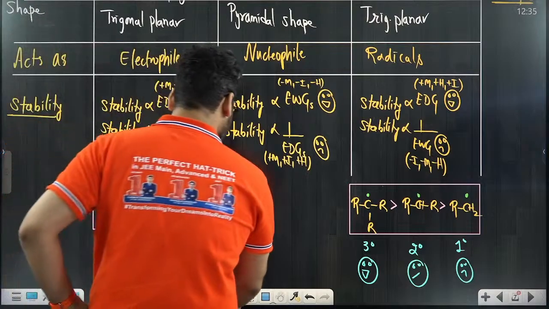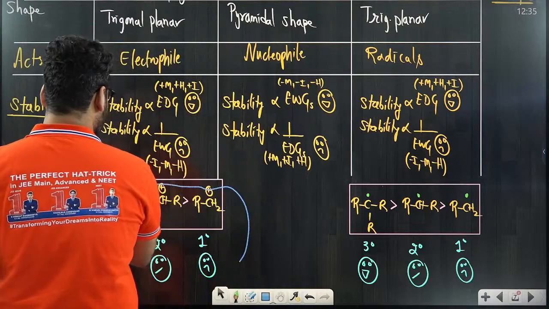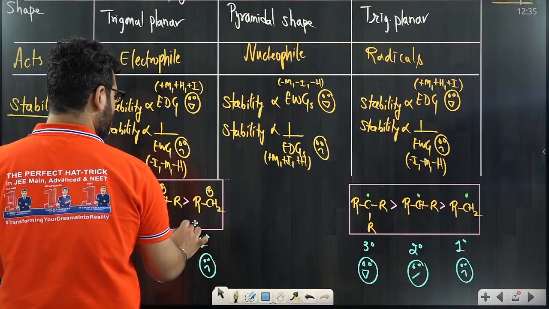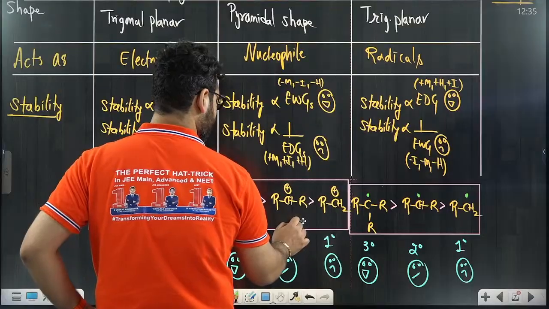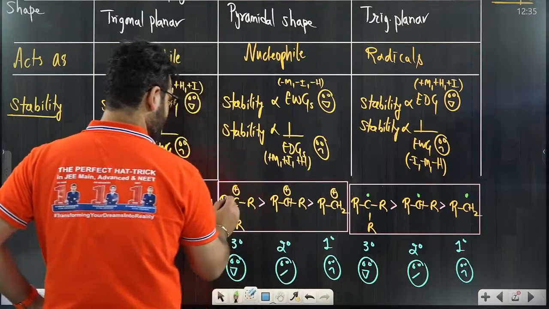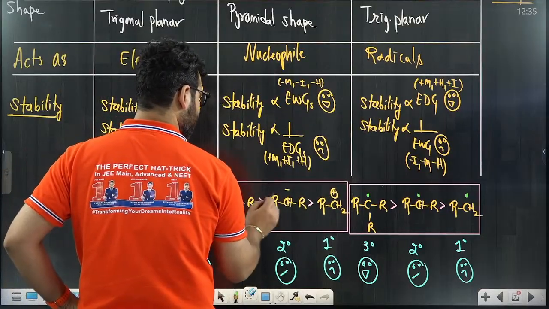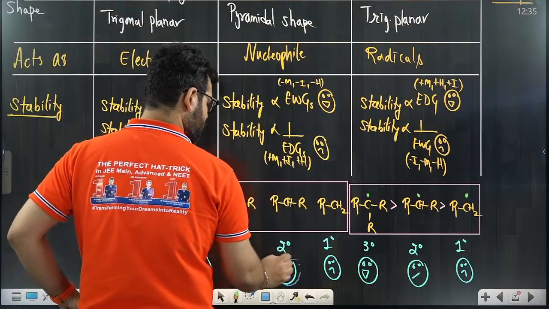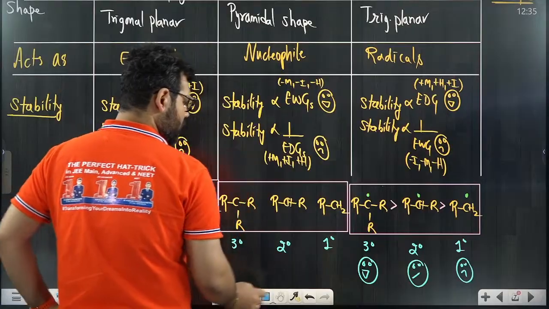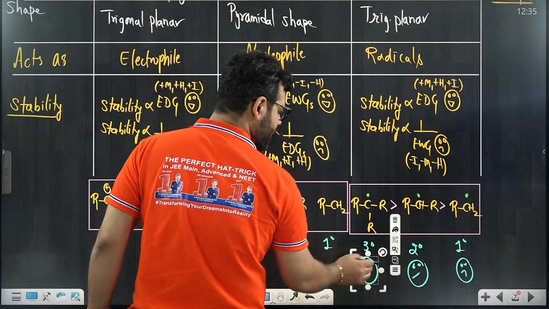And for carbanions, it will be opposite, because carbanions are destabilized by donating groups like alkyls. Opposite will happen. So a tertiary carbanion is very sad, a secondary one is okay, and a primary one is very happy.